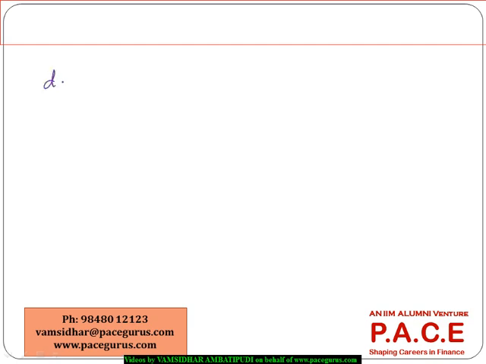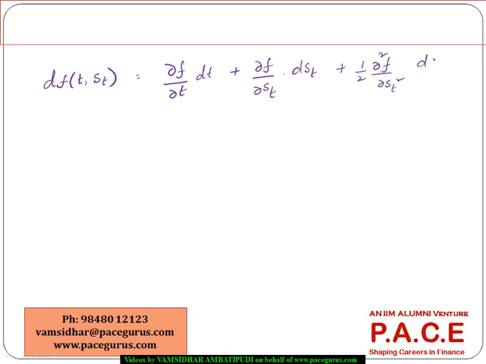We have already discussed that the value of the function f(t, S_t) using Itô's lemma, I take it as dou f by dou t multiplied by dt, plus dou f by dou S_t multiplied by dS_t, plus half dou square f by dou S_t squared dS_t squared.